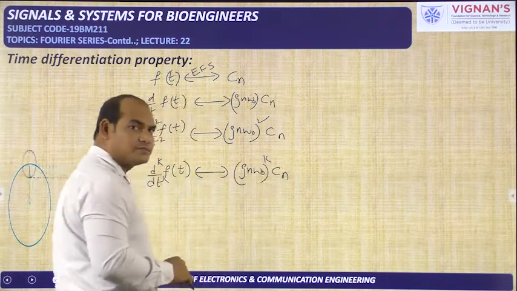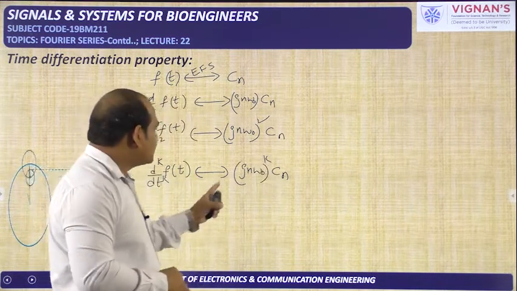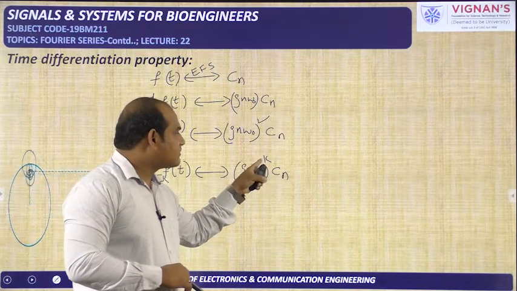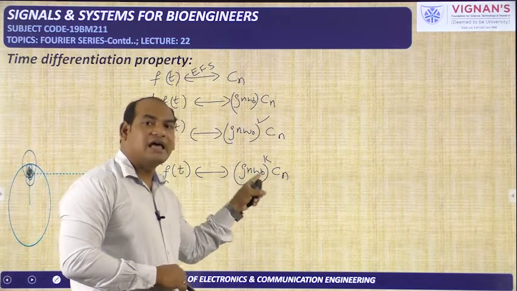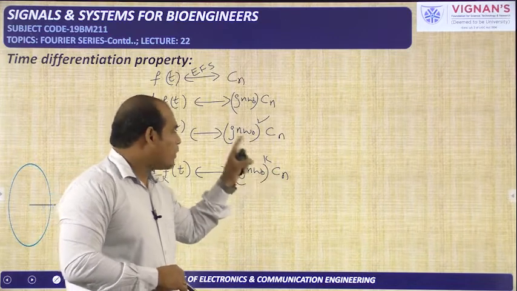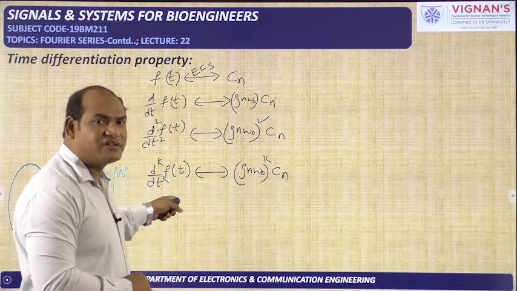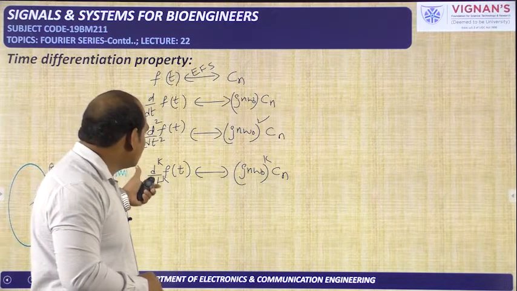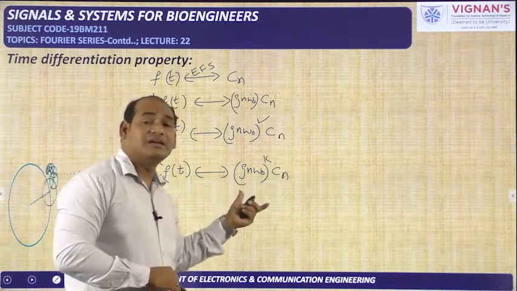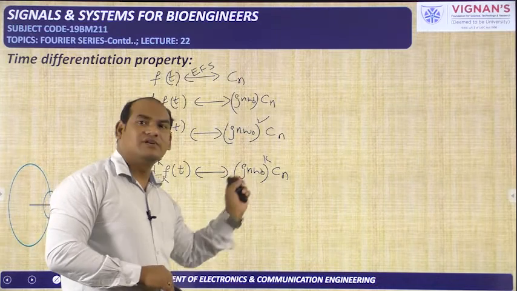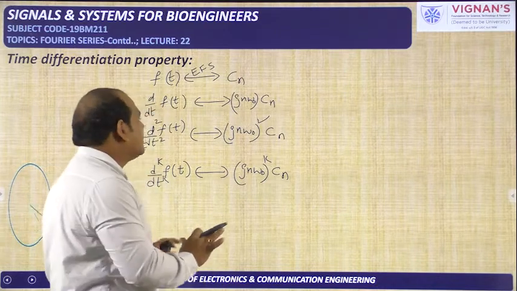So j n omega naught to the power of k. Why does it come k times? Because you have performed the differentiation of f of t k times. How many times you differentiate, that many times j n omega naught will be available. This is the time differentiation property.